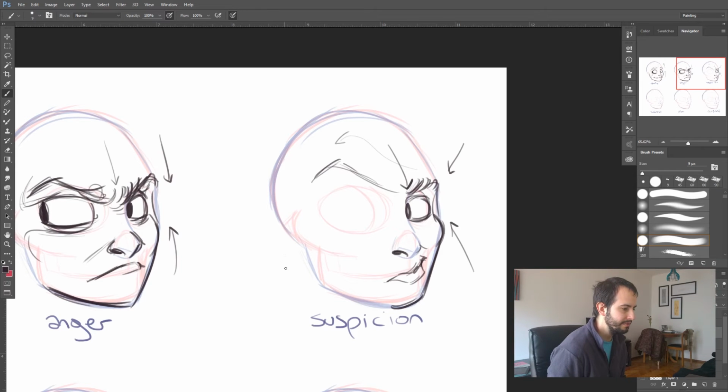From this side it's going to be like this, but from this side, since this is going up and this is not going up or just relaxed, the eye is going to be a bit taller. And I know that I'm drawing cartoony, but this actually applies to any drawing, I believe. I haven't tried it yet.